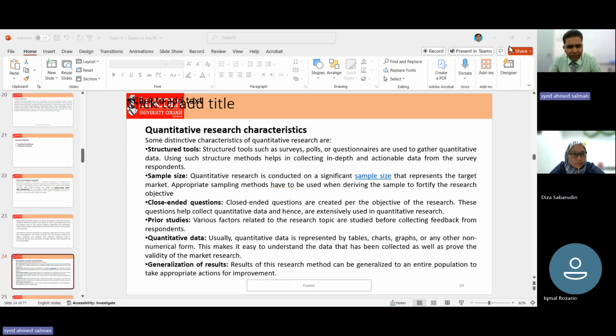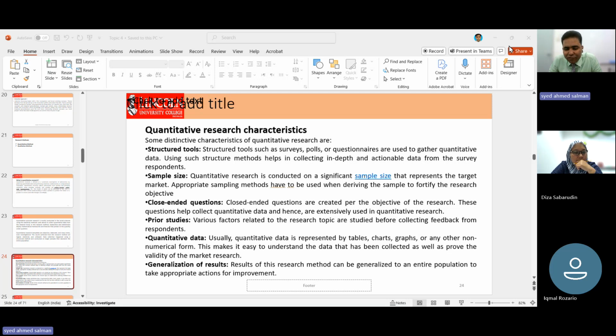Quantitative data. Usually, quantitative data is represented by tables, charts, graphs, or any other non-numerical form. This makes it easy to understand the data that has been collected as well as prove the validity of the market research.